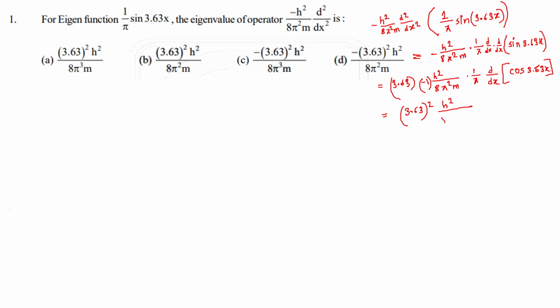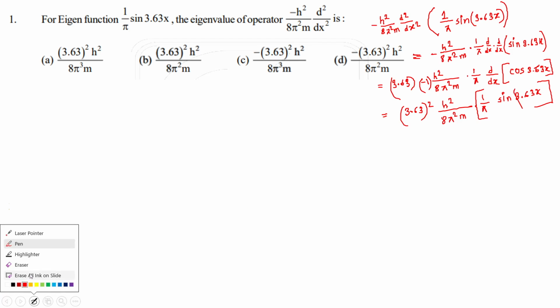These are the constants which were there earlier also, they don't change, and your cos function will become sine 3.63x. So you will see that you have got back your eigenfunction 1 over pi sine 3.63x.